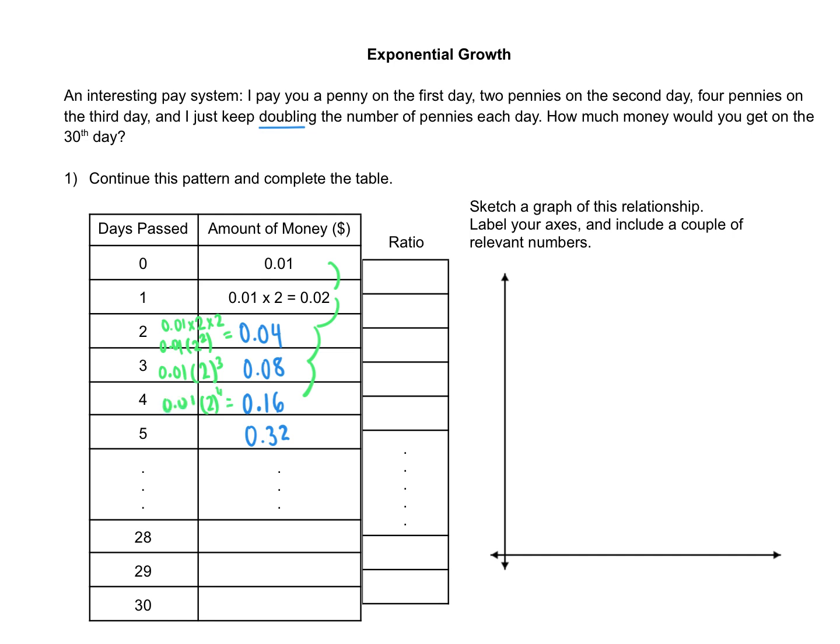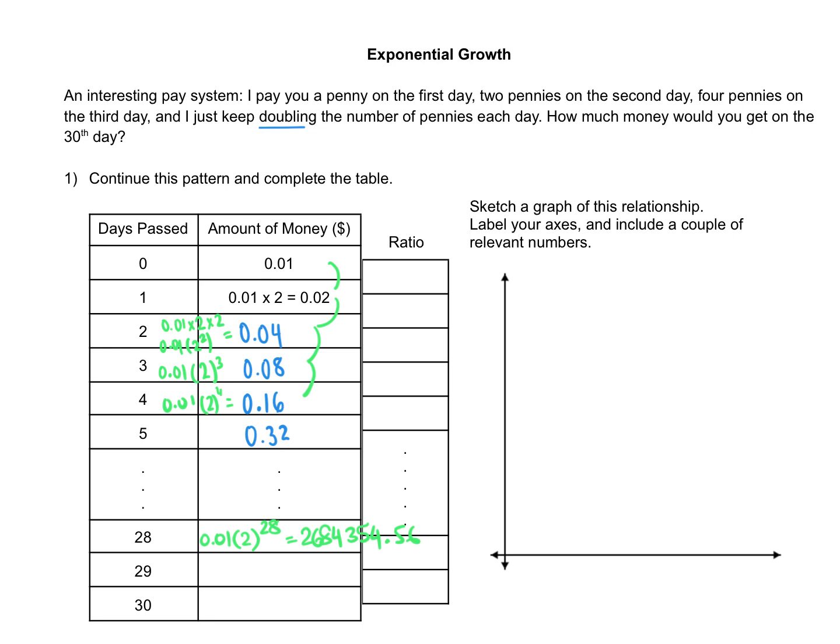So with that pattern, on the 28th day, I should take the original penny and multiply it by 2 28 times. And if I do that, I get 2,684,354.56. And that's dollars. So on the 28th day, you'd be getting millions at this point.